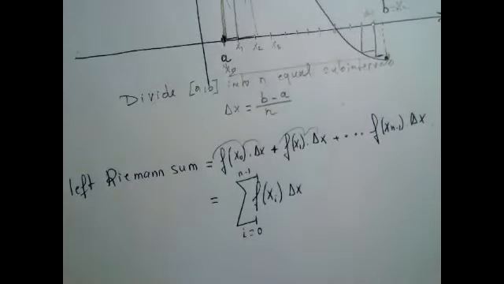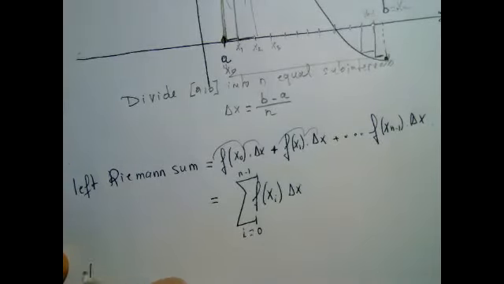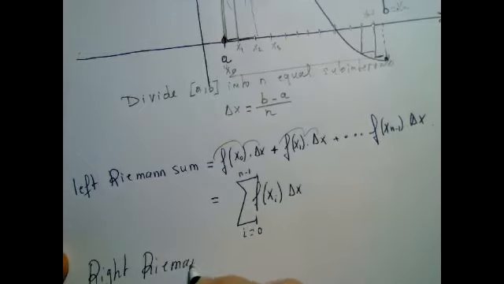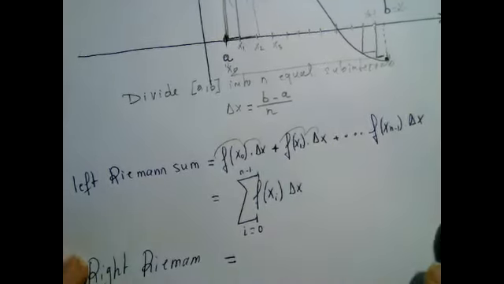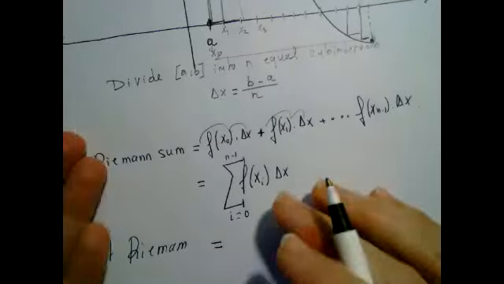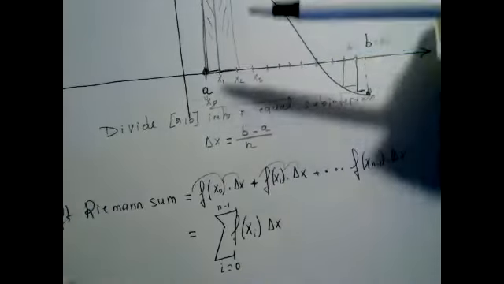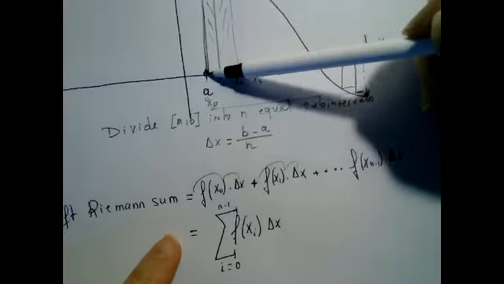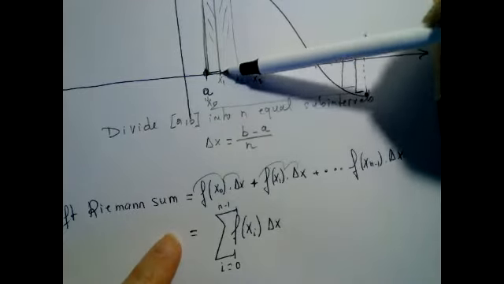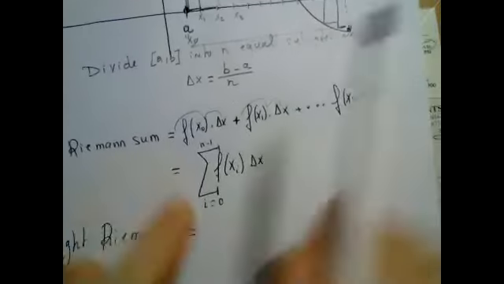And we can talk about something called the right Riemann sum. The right Riemann sum is the same as the left, but instead of starting to take the value at x0 times delta x, we take the value at x1 times delta x. So there will be a shift.